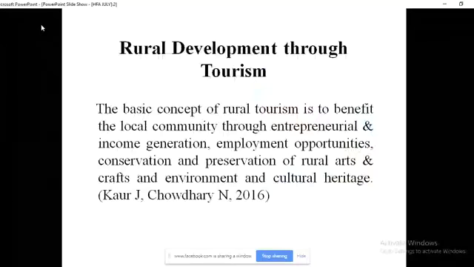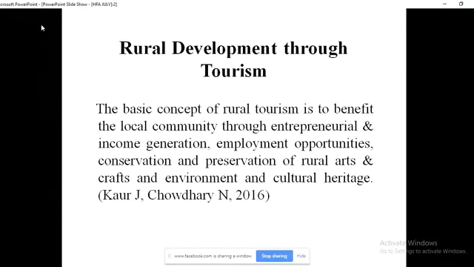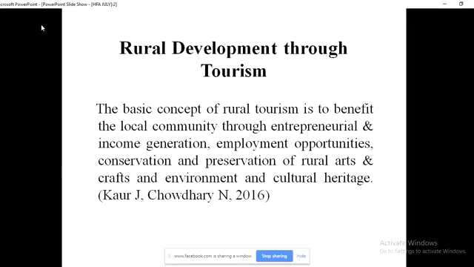Now, how does tourism help in rural development? This is a basic concept given by Porche and Chaudhary in 2016, that says the basic concept of rural tourism is to benefit the local community through entrepreneurial and income generation, employment and opportunities, conservation and preservation of rural arts and crafts and environment and cultural heritage.